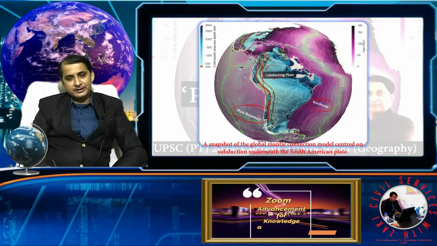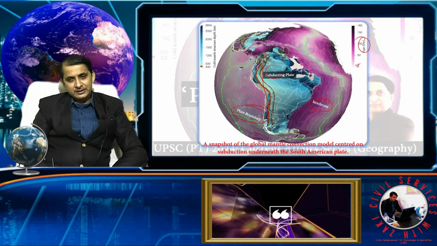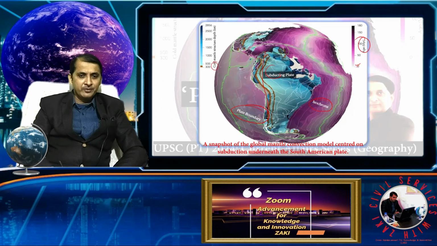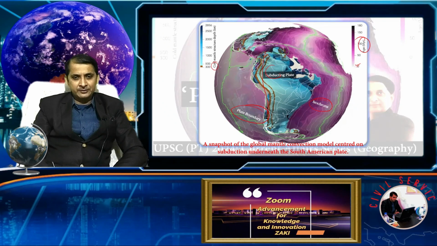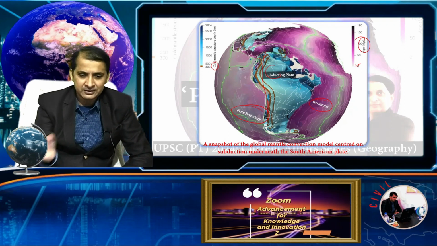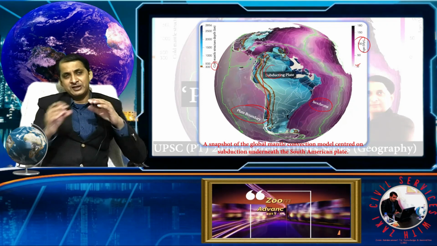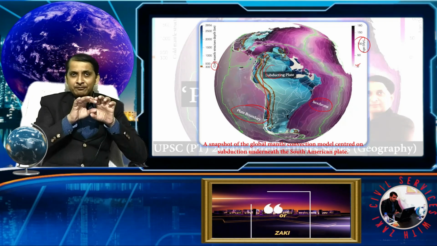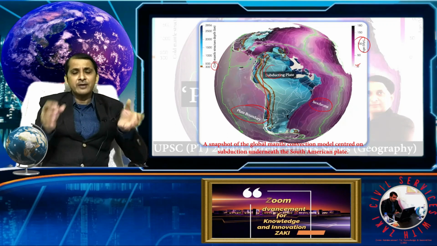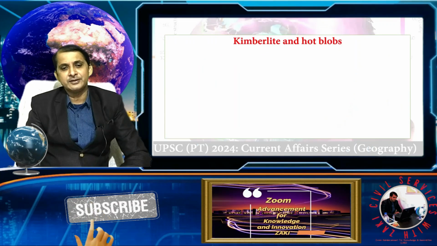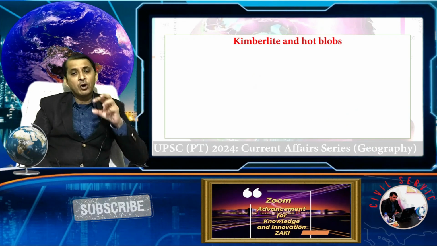See here, this is basically the edge of the rock, and it is the cold mantle, and it is a different part of the global mantle convection. As you know, these tectonic plates are moving due to mantle convection. So let's move forward and understand the kimberlite and the hot blobs.